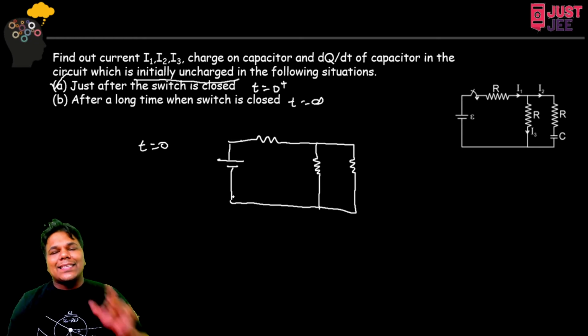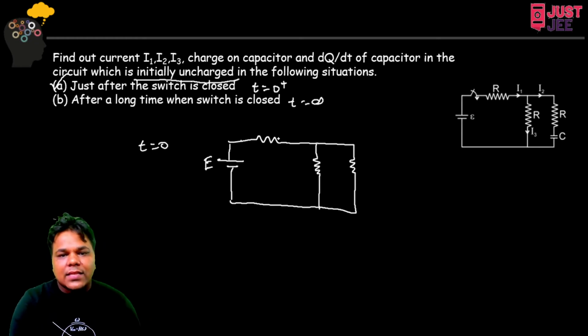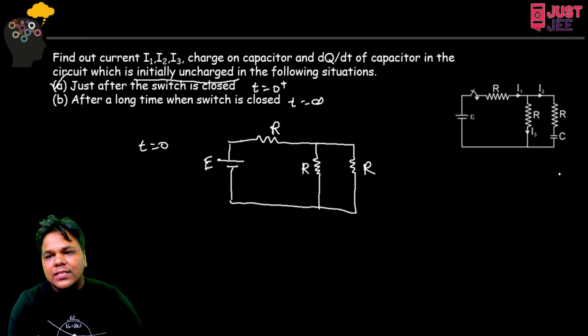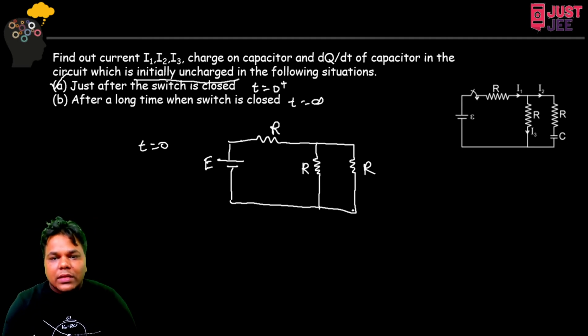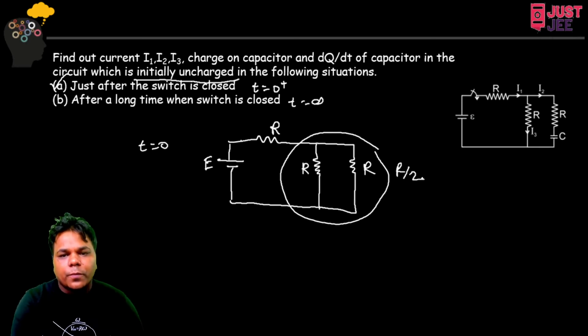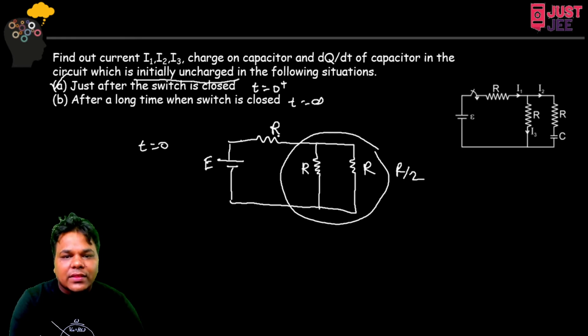Now that is our circuit. We have a battery, we have three resistances R, R, and R, and here you can see the capacitor has been replaced by a conducting wire. Now these two resistances are in parallel, so can I say it is R by 2? And this R by 2 resistance is in series with this resistance.